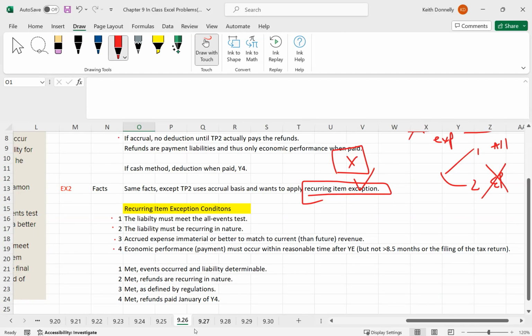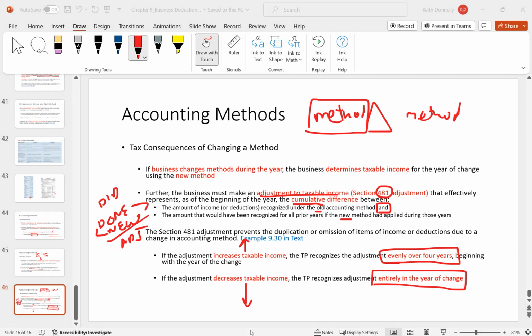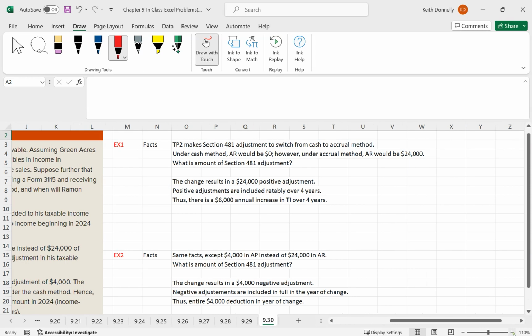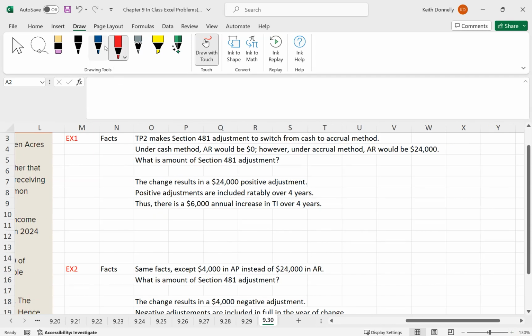So let's look here at 930, right? This will give us some facts on it. Okay, so let's say a taxpayer makes a 481 adjustment to switch from cash to accrual. So we have to compare all those prior years we did cash with what if we had done accrual during those years. And essentially what they're saying here is, when we compare that, we would have had accounts receivable of 24,000, right?